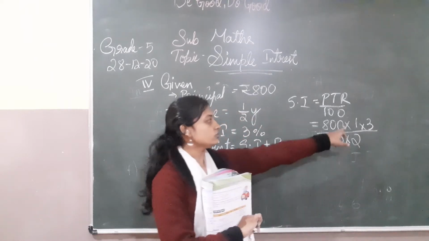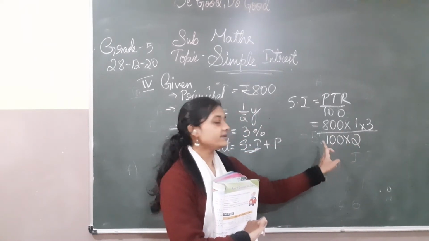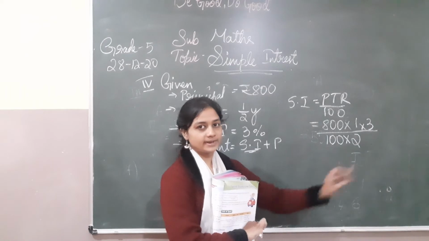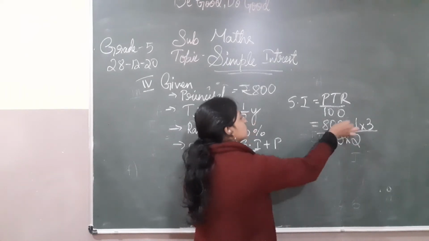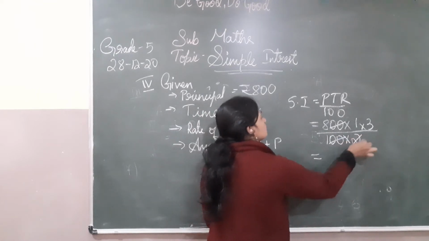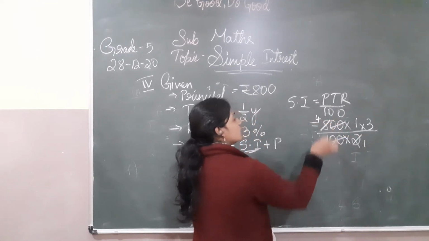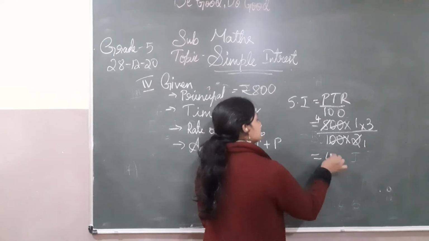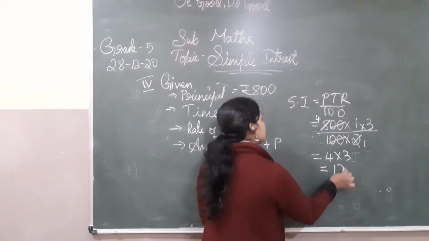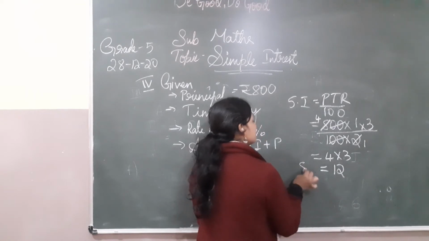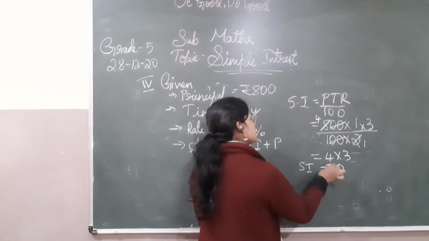Because it is 1 by 2, 2 is in denominator, 100 is also in denominator. They get multiplied here. So now what is the answer? 2 zeros get cancelled. 2 ones are 2. 2 fours are 8. So my answer is 4 into 3. That is 4 threes are 12.